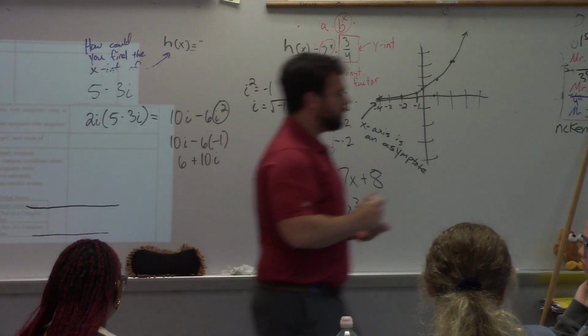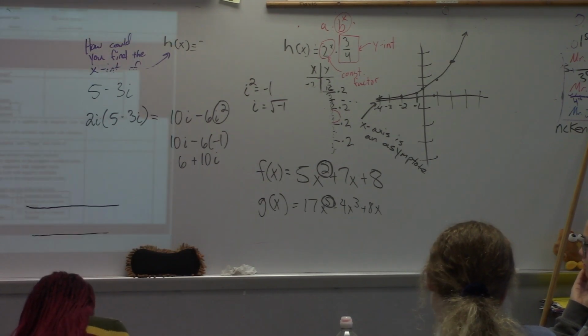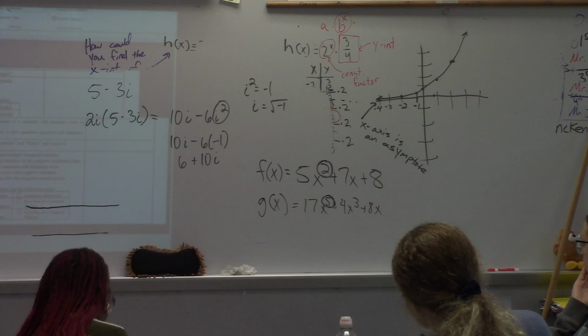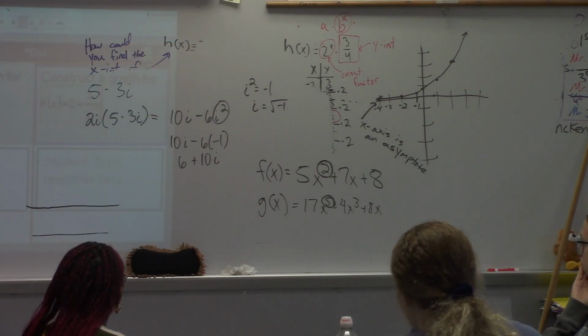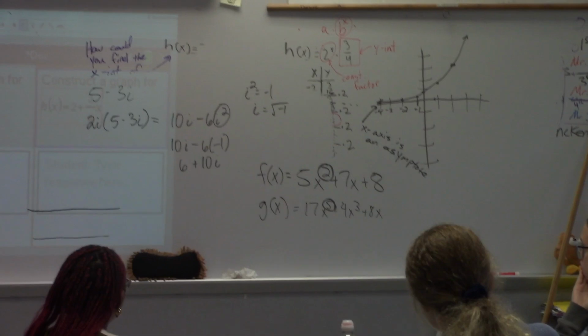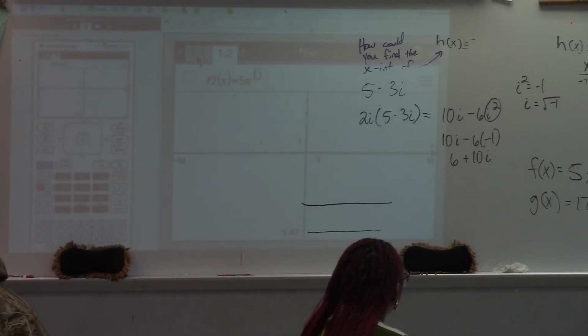Now, I do want to point this out. We just said that f of x has how many roots? 2? Let's check this. Was that 5x squared plus 7x plus 8?